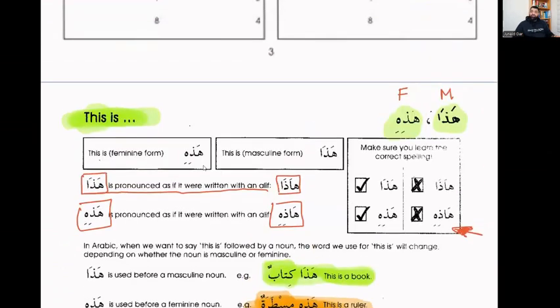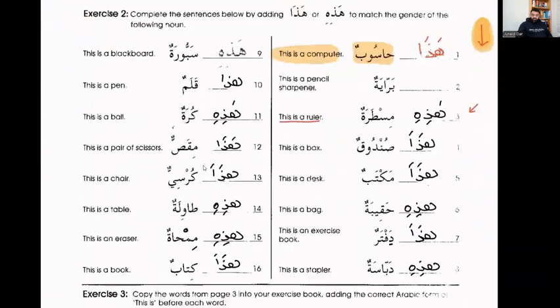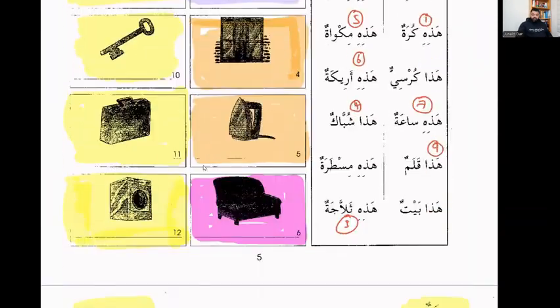Then we looked at how to point to something, how to use an ishara. What were the two words that we used to point to something? Hada. Hadihi. Good. And what's the difference between the two of them? Masculine and feminine. Which one is masculine? هذا, hada. And feminine? Hadihi. That's it. Good.